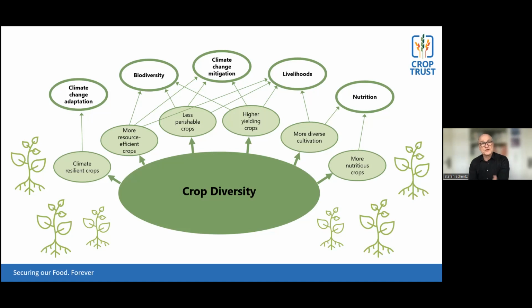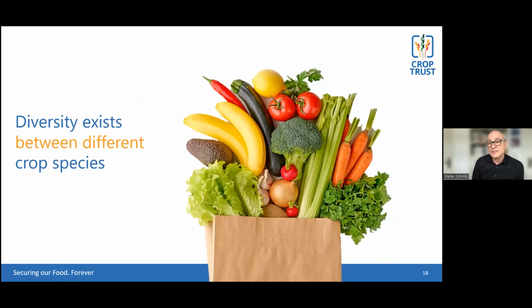It brings more resource efficiency. We can aim for less perishable crops, higher yielding crops, more diverse cultivation, and last but not least, more nutritious crops. Next slide, please.